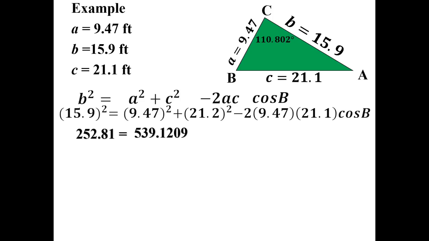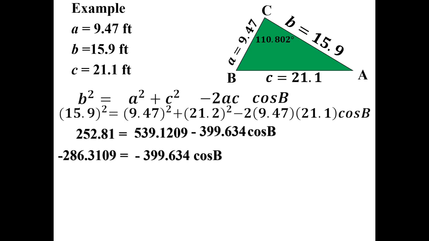Then I'm going to take negative 2 times 9.47 times 21.1, and I get this, and I still have the cosine of B. Moving things away from the cosine of B, I'm going to subtract 539.1209 from both sides. Then we'll divide both sides by negative 399.634.